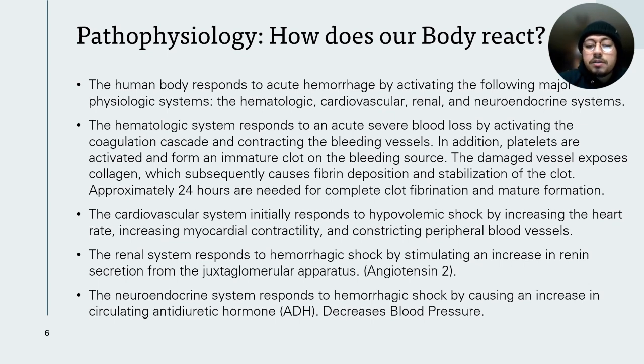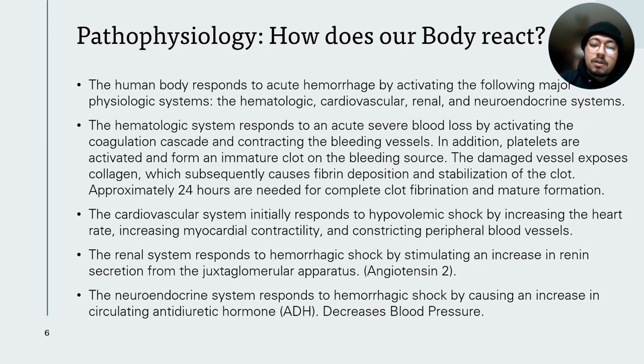The cardiovascular system initially responds to hypovolemic shock by increasing the heart rate, increasing myocardial contractility, and constricting peripheral blood vessels. The renal system responds to hemorrhagic shock by stimulating an increase in renin secretion from the juxtaglomerular apparatus, ending up with angiotensin II, which will cause vasoconstriction as well.